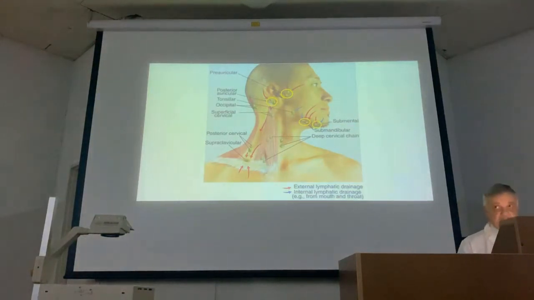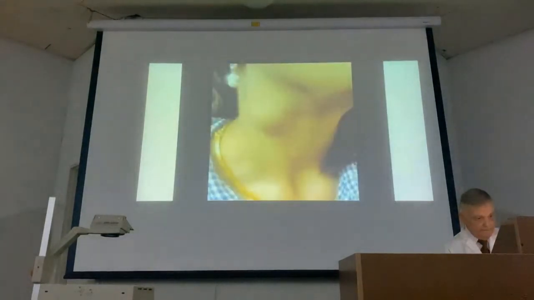All these make a circle around the base of the skull, and then they drain to superficial cervical lymph nodes and then to deep cervical lymph nodes. This is the progression of propagation of these bad diseases. This is a large lymph node in the neck, superficial cervical lymph nodes.